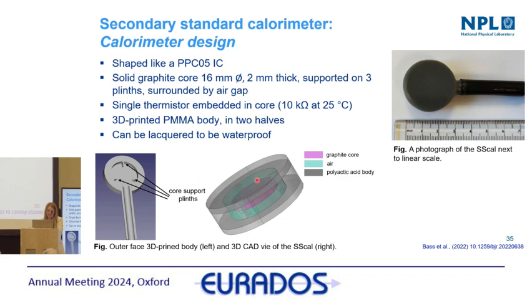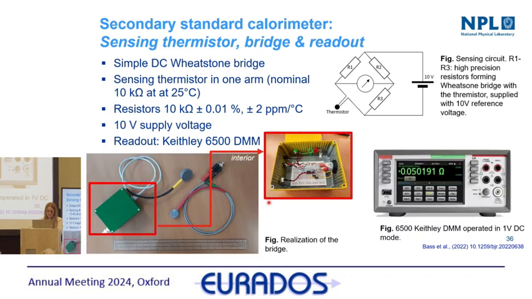And as you can see, it is embedded in a simple 3D printed body and only has one thermistor embedded in the core. That whole system can be made waterproof simply by lacquering. And as regards the readout system, it's also quite a simple solution. You can see the realization over here. So our calorimeter looks like an ionization chamber.